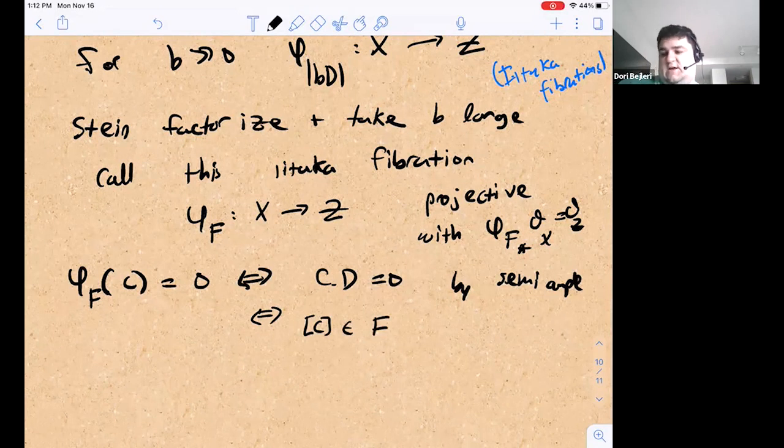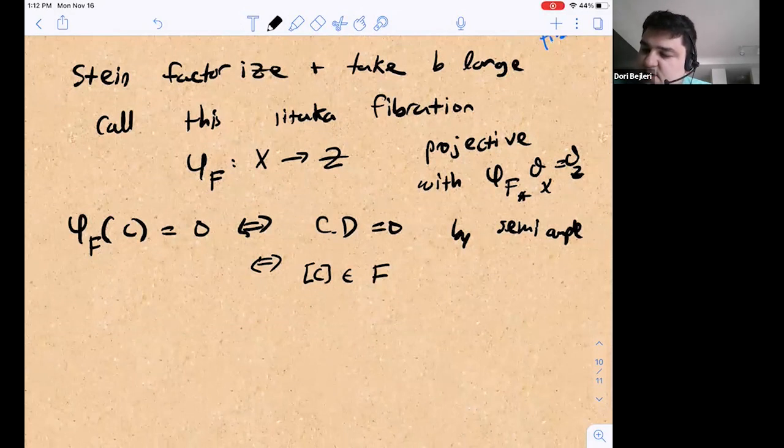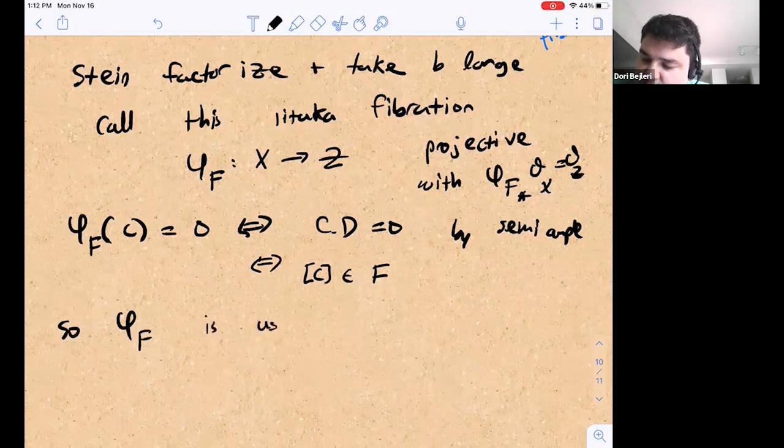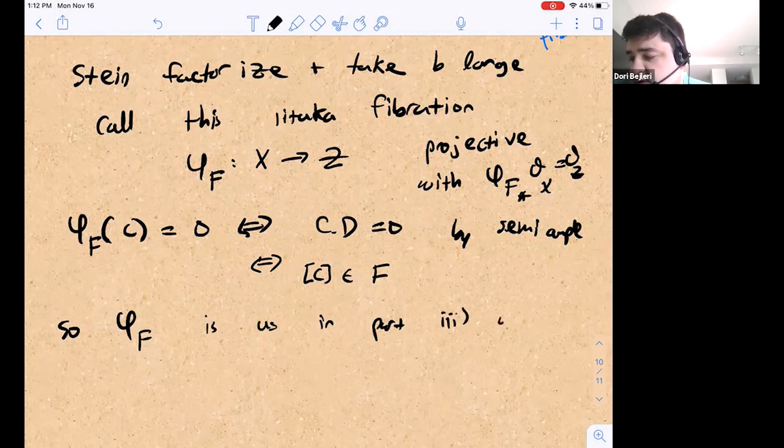So we get that phi F satisfies the second property of extremal contraction, that something's contracted if and only if the class is in the face. And now the observation is that these two properties, so phi F is as in part 3, or maybe I called it part C of the theorem.